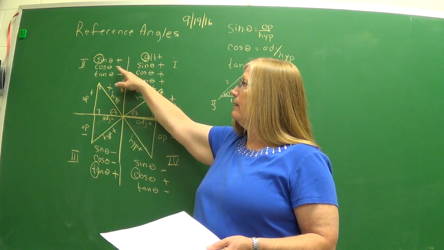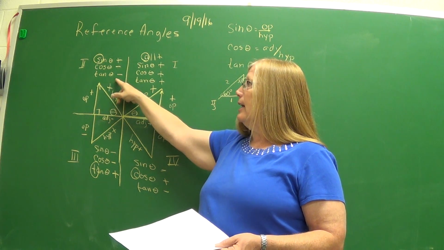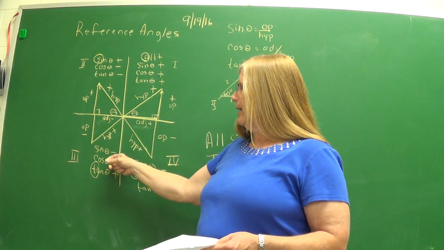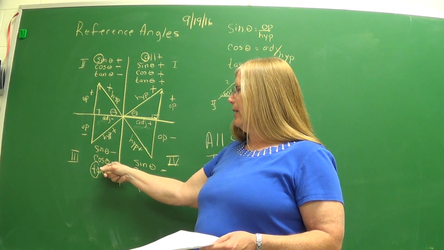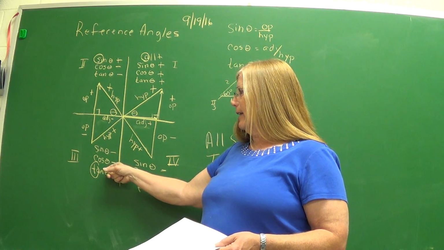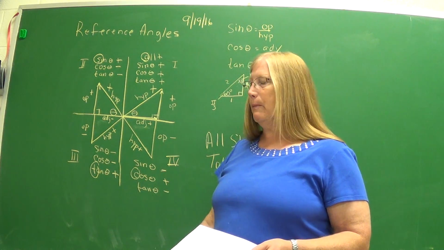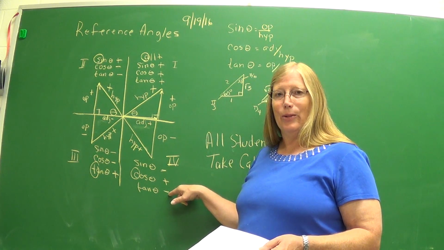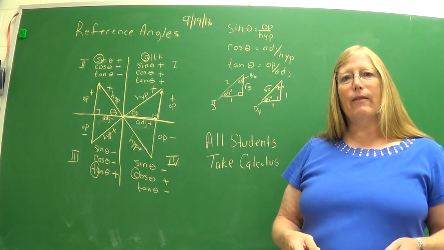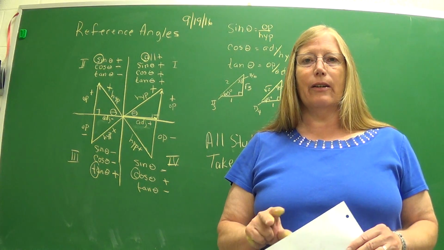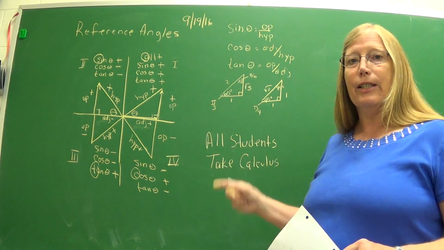It is positive, secant is negative, and cotangent is negative. Down here, cosecant follows sine and being negative, secant is negative and cotangent is positive. So the reciprocal functions will follow the same signs as their original functions do.